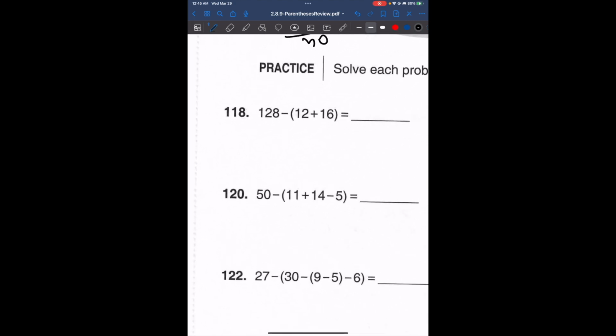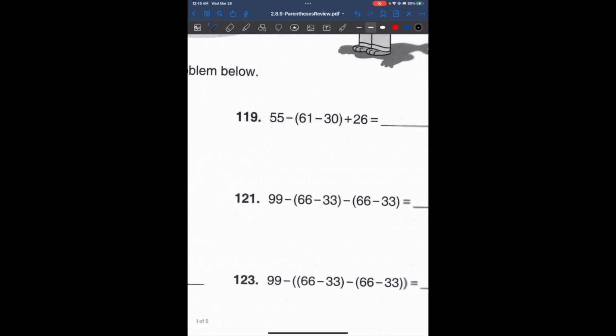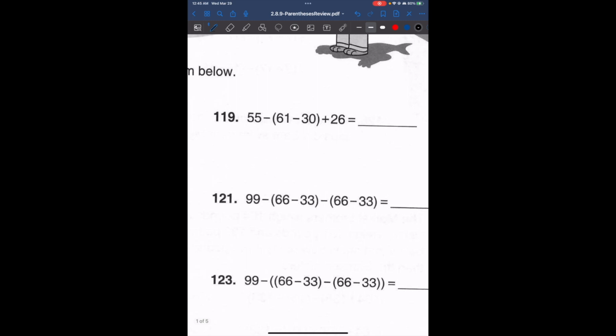Inside the parentheses, we have 12 plus 16, which is equal to 28. Since it's inside the parentheses, we're doing 128 minus 28, which is equal to 100. Now we'll look at problem 119. We have 55 minus parentheses, and then 26.